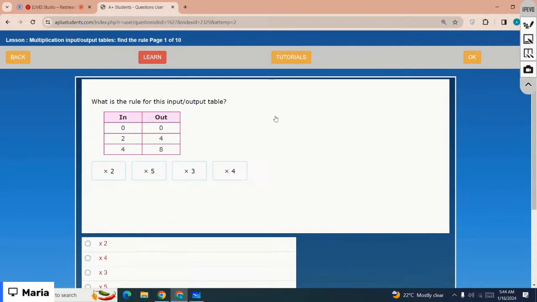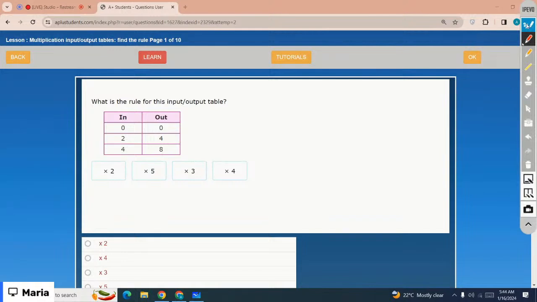Okay, what is the rule for this input output table? Which is the correct option? Input values are 0, 2, 4 and output values are 0, 4, 8. Isn't it the same one we just did? Yes, that's the same we just did. So which is the rule? The input values are 0, 2 and 4. 2 times 2 is 4. 4 times 2 is 8.